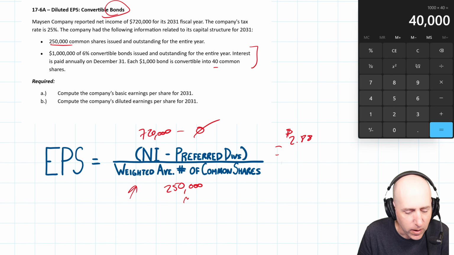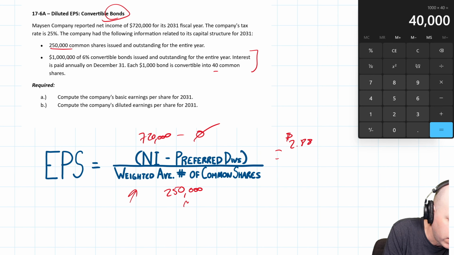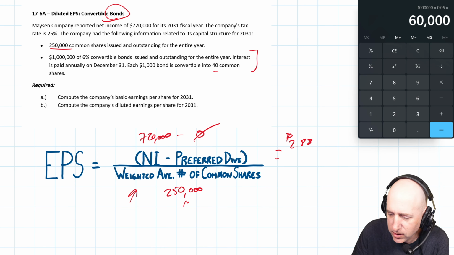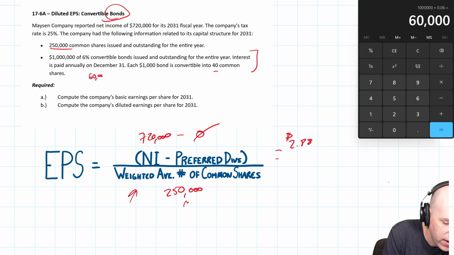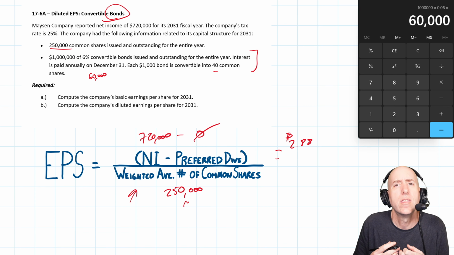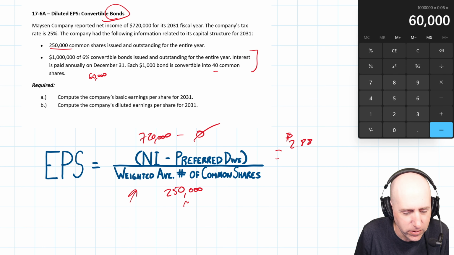What about the numerator? How does the numerator change? And the answer is, oh yeah, these things, they're interest paying, these bonds, 6% interest. So $1 million times 0.06, that means I would save $60,000 in interest. And you might think, oh yeah, I saved $60,000 in interest. Therefore, my net income is $60,000 higher, right? $60,000 less cost.